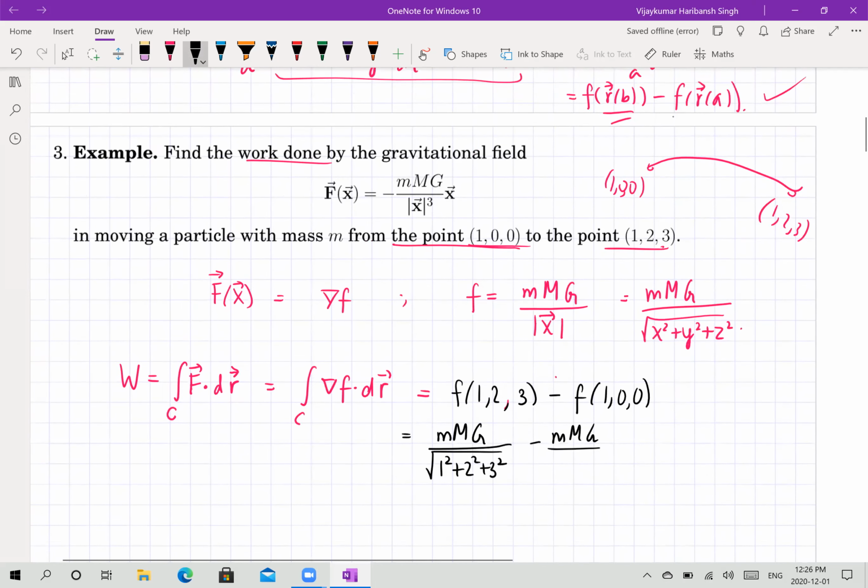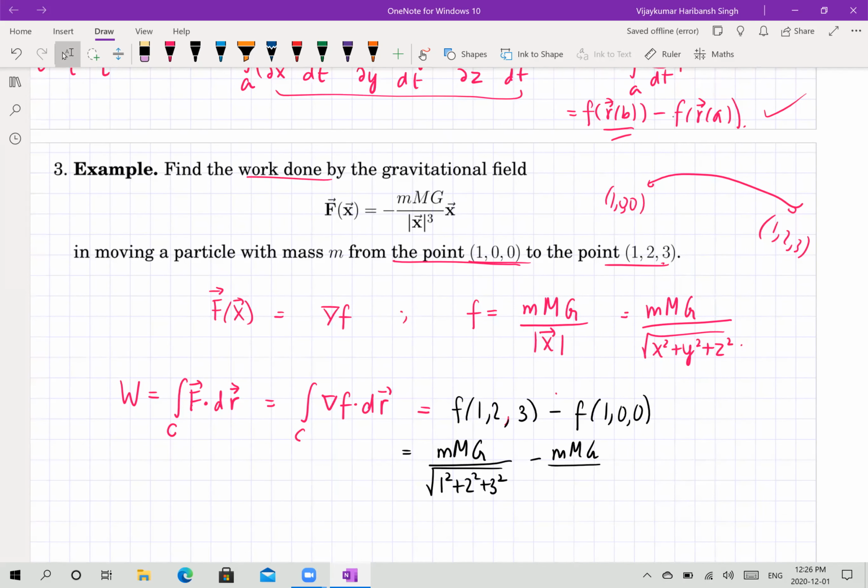So this hints that no matter what path you took joining the points, whether you took C1 or C2 or C3, your line integral here did not depend on the path. So the question is, does the line integral depend on path?